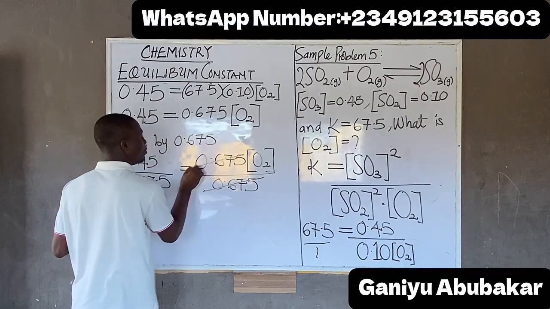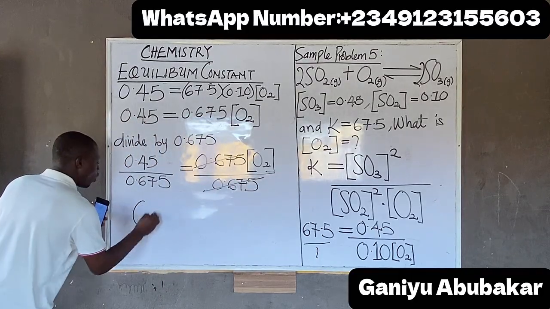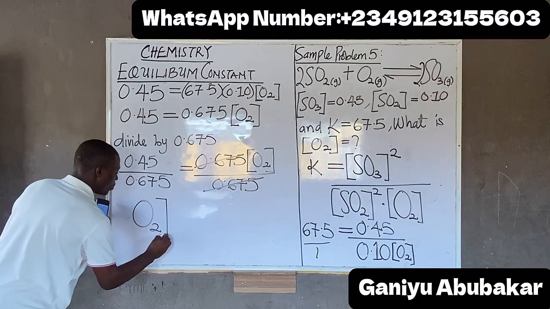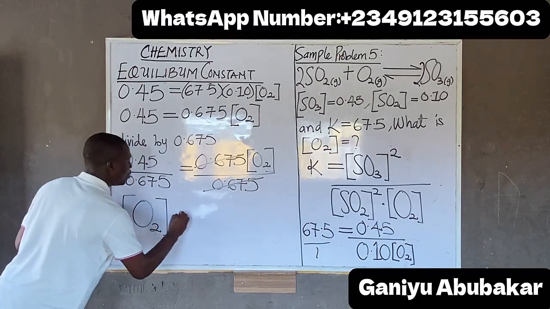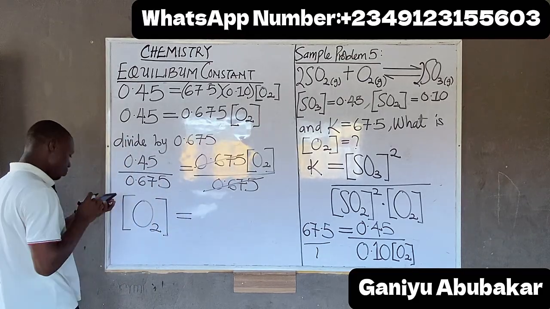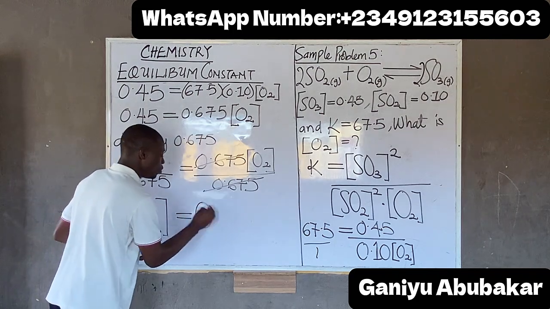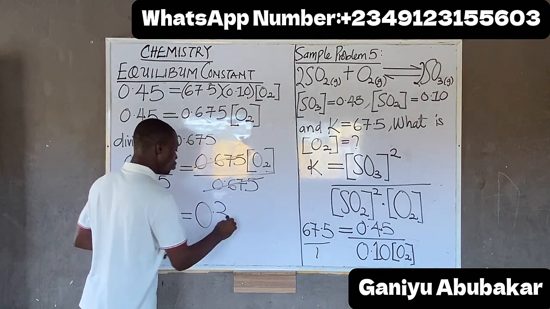This will cancel this. It means that my oxygen concentration I'm looking for will be equal to, divide this, that will give 0.3, of course, mole.